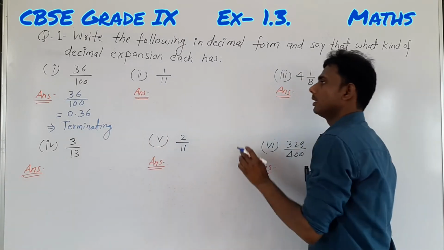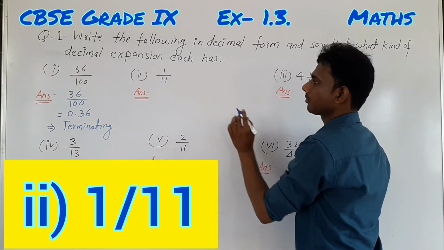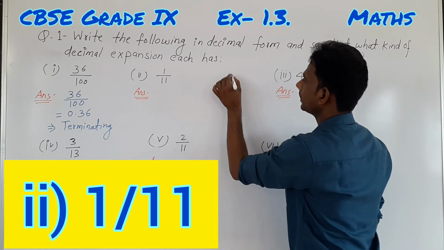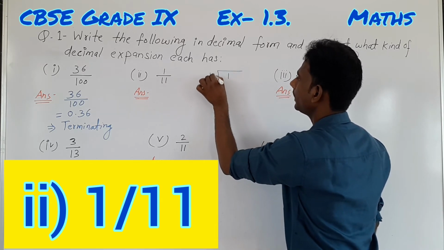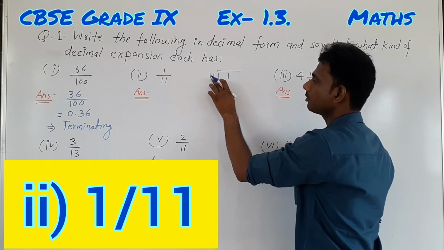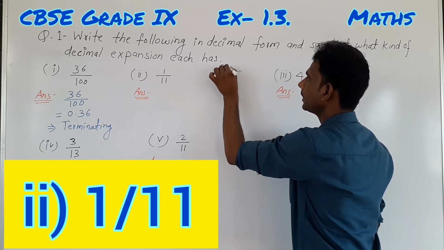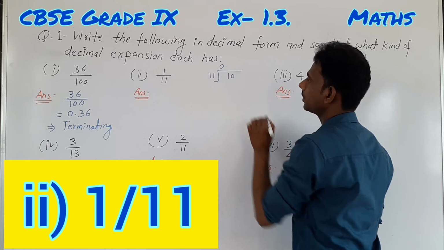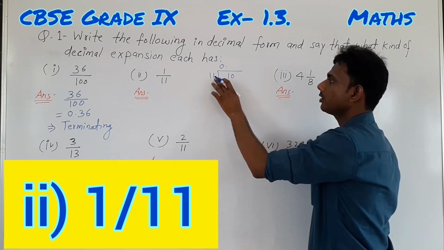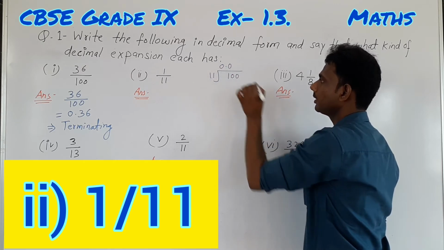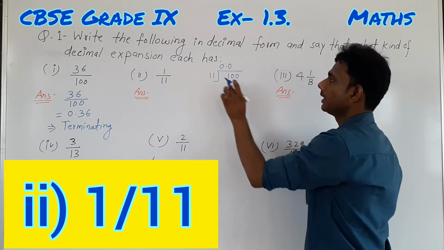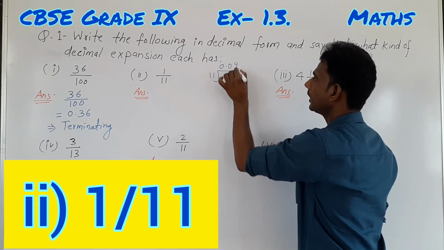Second part, 1 upon 11. 1 divided by 11. 1 is not divisible by 11, so you write a decimal and 0. Again 10 is not divisible by 11, so you write 0 again. 11 nines are 99.